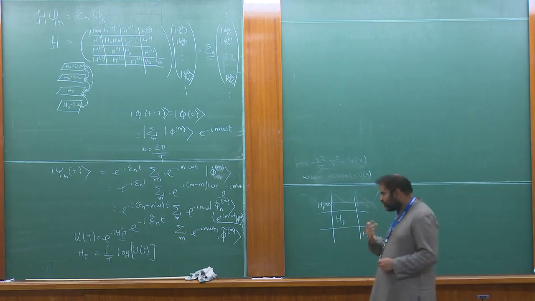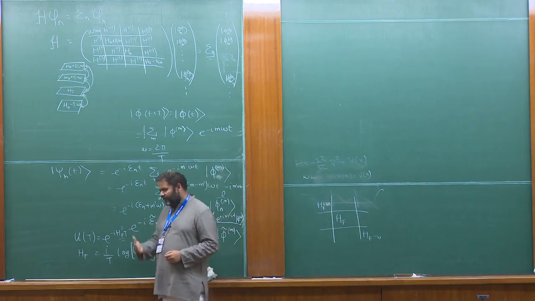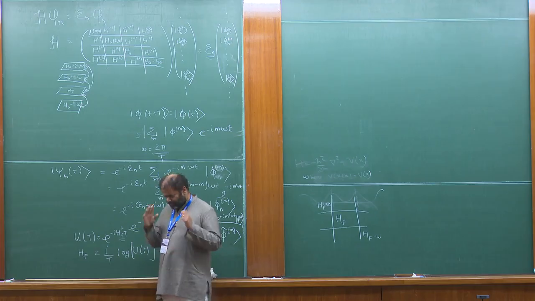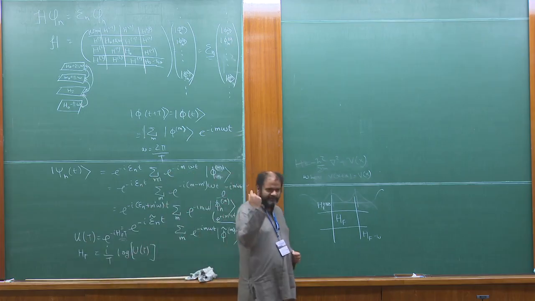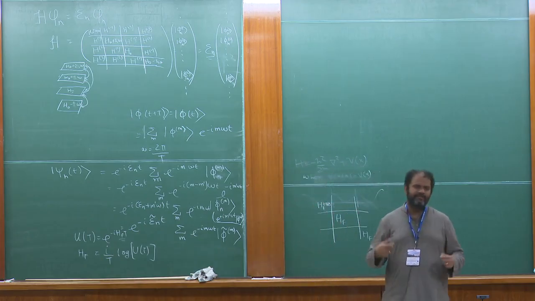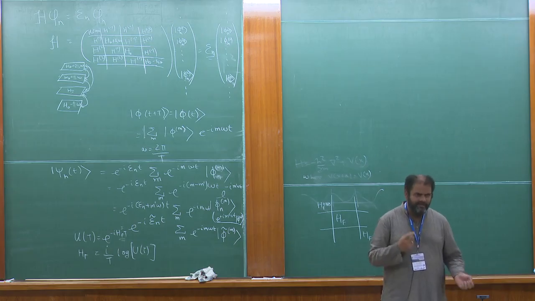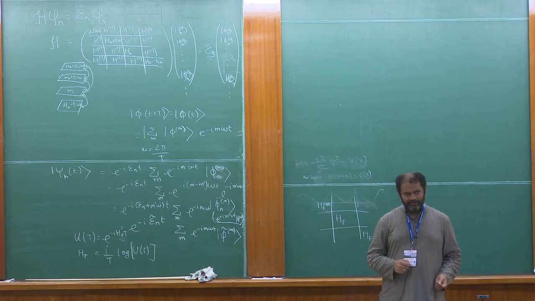What we will show is that if you generically drive a non-integrable system, this U of T, if you look at the phases of this U of T, they don't belong to these Gaussian ensembles, they belong to something called circular ensembles. And if you belong to the circular ensemble, then heating up to the infinite temperature state is inevitable. So this is all an advertisement for tomorrow's class.